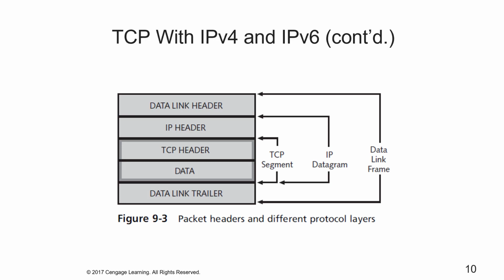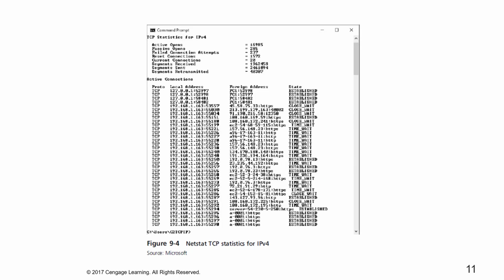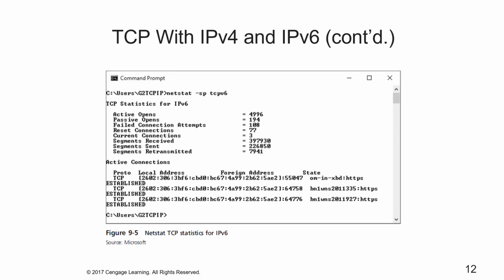So here's an example of packet headers and different protocol layers. And here's an example of running netstat for TCP stats over IPv4. And here's netstat for TCP stats for IPv6.